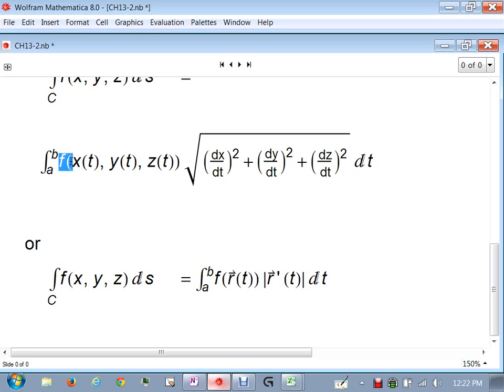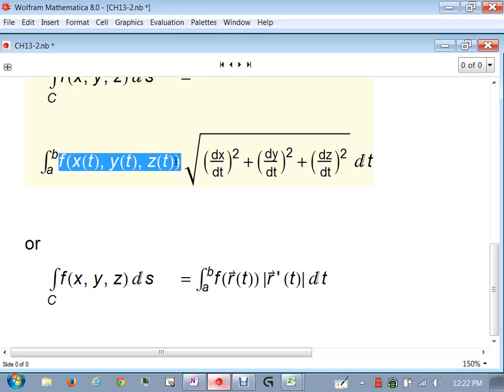When we say f of x of t, y of t, z of t, what we did is we took the scalar function, and everywhere we saw x, we replaced it with whatever our new definition of x was in terms of t. Then we replaced our y with whatever we had in terms of t, and then our z. We haven't done a z, but that's what we did in the previous two problems.